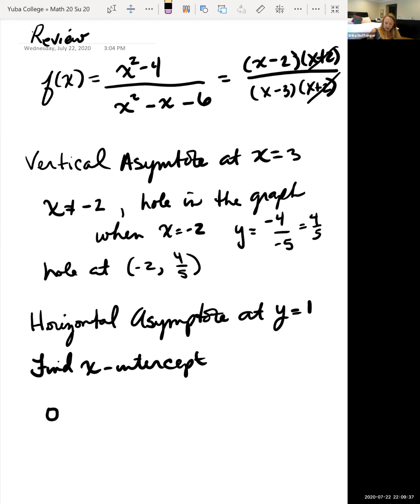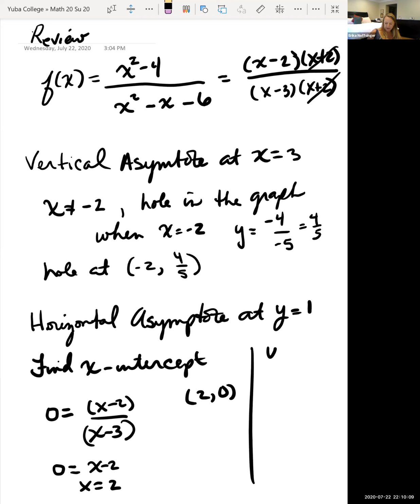So we have 0 is equal to, we can look at this version that we simplified, x minus 2 all over x minus 3. Well, if we multiply both sides by our denominator, you're only worried about when is our numerator equal to 0. So we're looking at when is x minus 2 equal to 0, and that's when x is 2. Okay, so we have an x-intercept at 2, and that's the point (2, 0).